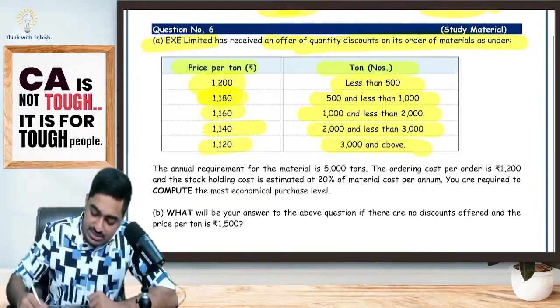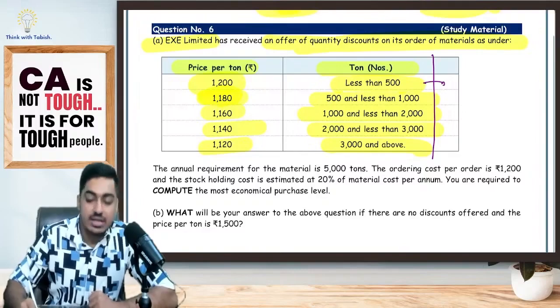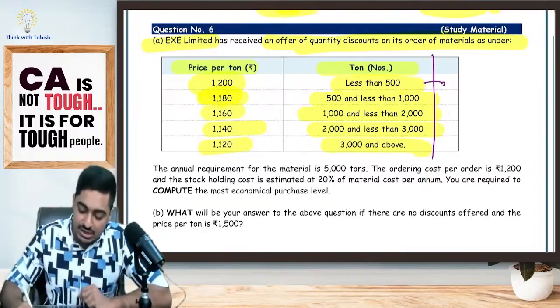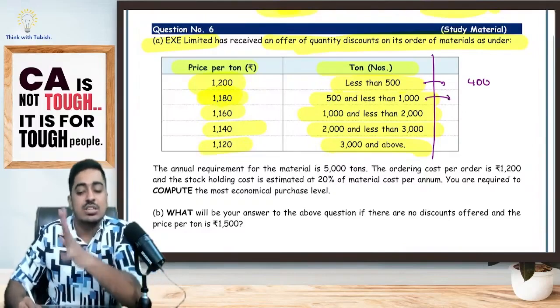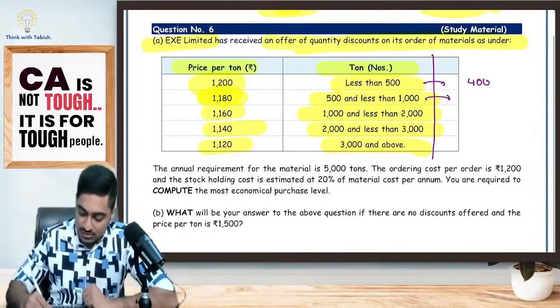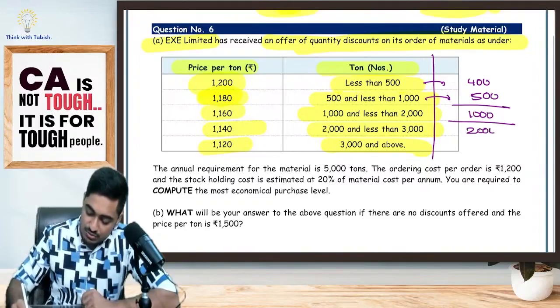Now I've told you, if discount is given in a range, in my first range what will I pick? Any round figure. Less than 500 can be 400, 300, 200, 100. I will take 400. In all subsequent ranges, what should I be taking? The lowest value. 500 to 1000 means 500, 1000 to 2000 means 1000, 2000 to 3000 means 2000, 3000 and above means 3000.